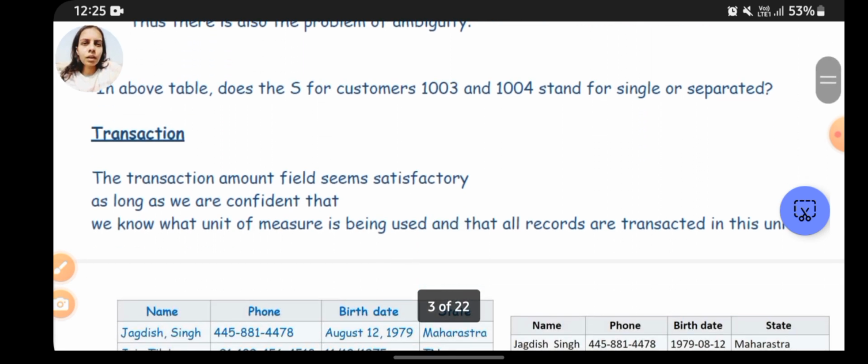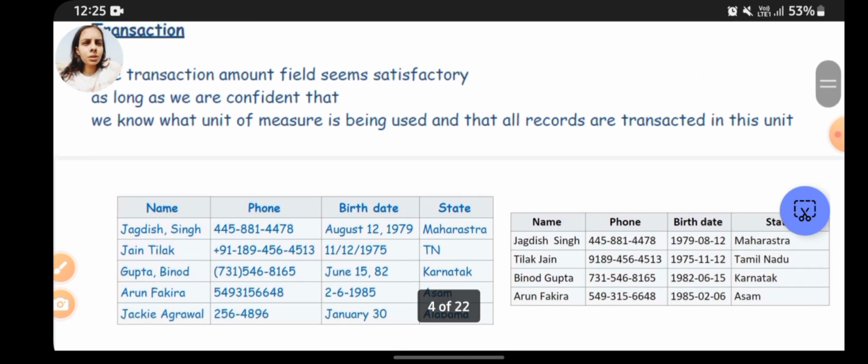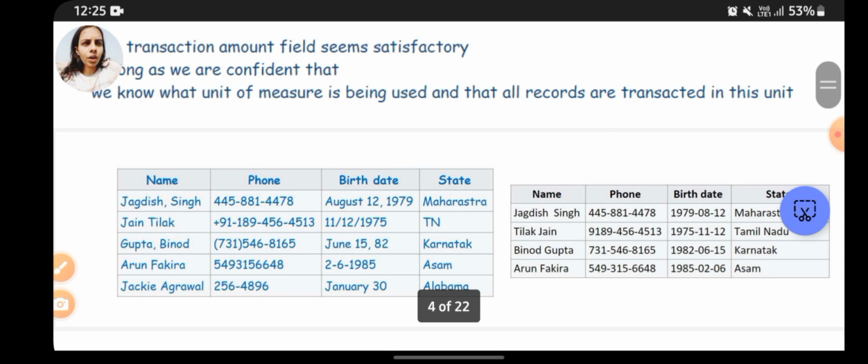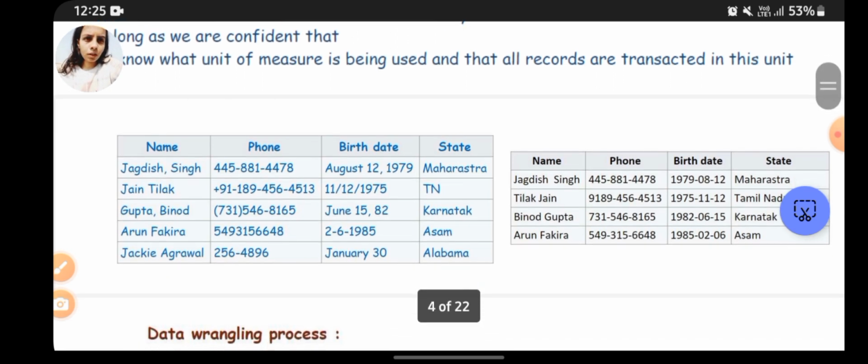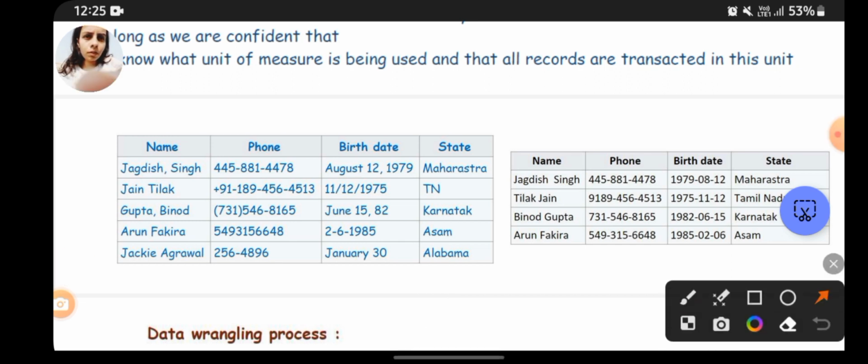Now the transaction field seems to be satisfactory as long as we are confident about which unit of measure is being used and that all records are transacted in this unit. These are the records that we are seeing.